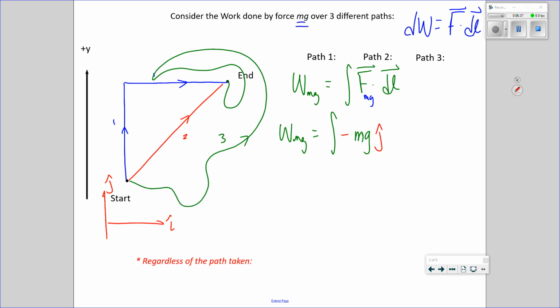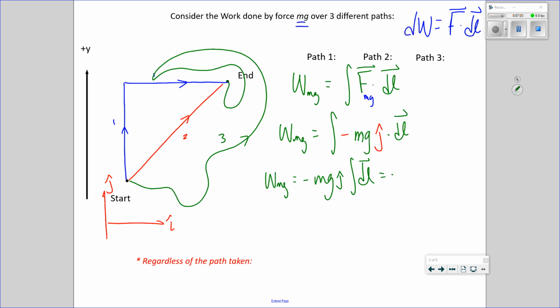Dot dl. Well, note that mg is a constant, right? If we're in this room, near Earth's surface, then for the work done by mg, we can pull out this negative mg in the j hat, and we can integrate dl.